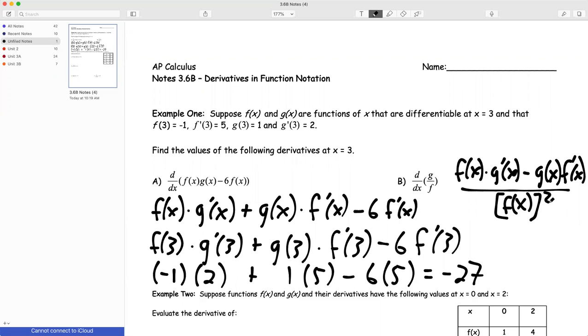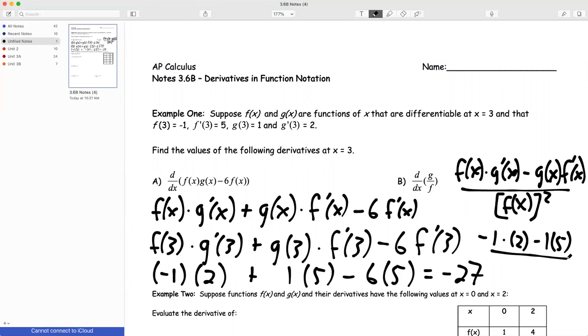Okay, so you should have for your derivative: f of x times g prime of x minus g of x times f prime of x, over f of x squared. f of 3 is -1 times g prime of 3, which is 2, minus g of 3, which is 1, times f prime of 3, which is 5.